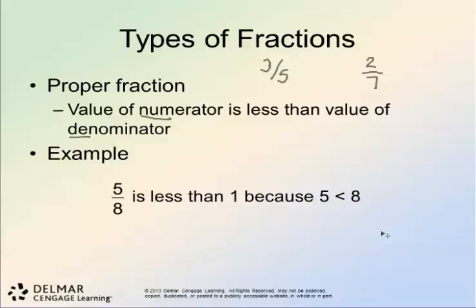So 3 is less than 5, 2 is less than 7, and down here 5 is less than 8. So when the numerator is smaller than the denominator, it's called a proper fraction, and that is the way that we are going to write all of our final answers, as proper fractions.